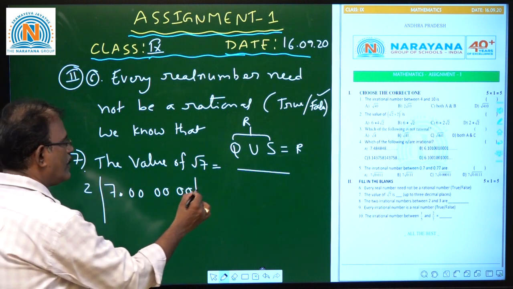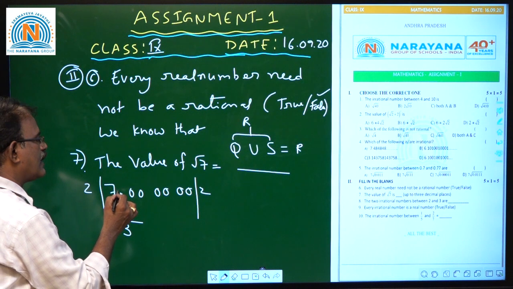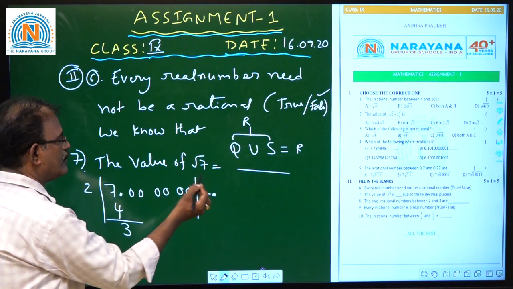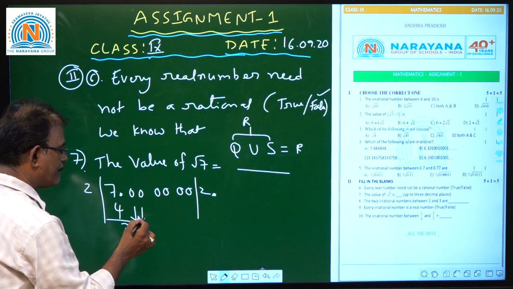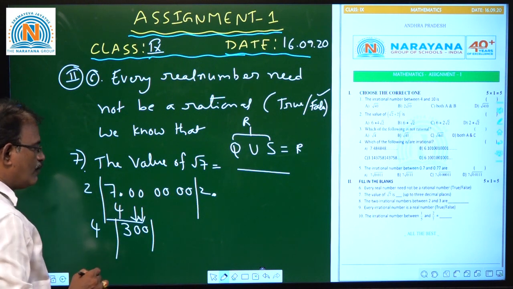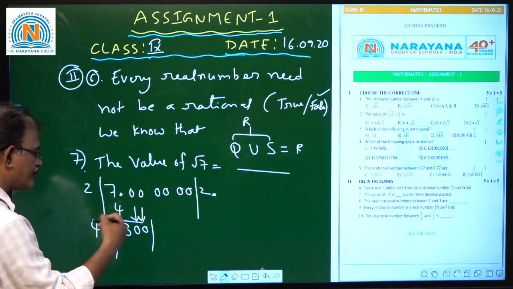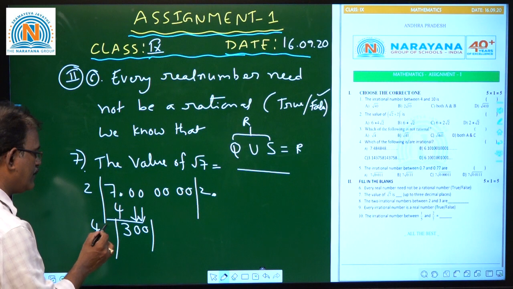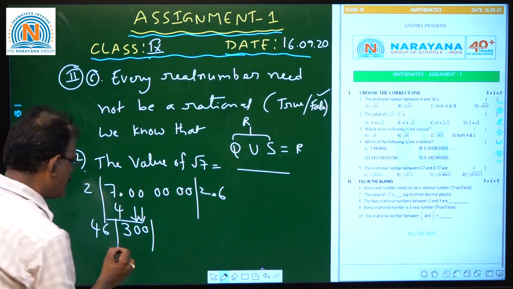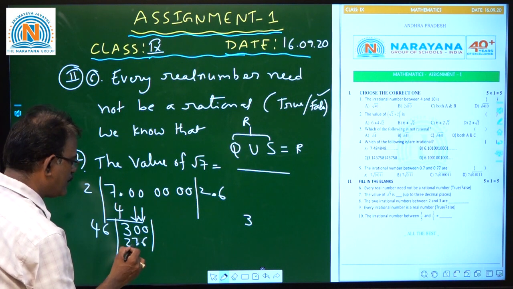Now 2 2s are 4, subtract, then transfer the decimal point from here to here, then bring down 2 digits at a time, then double the quotient. If you take 7 times, it is more than 300. If you take 6 times, 6 6s are 36, 6 4s are 24 plus 3 is 27.